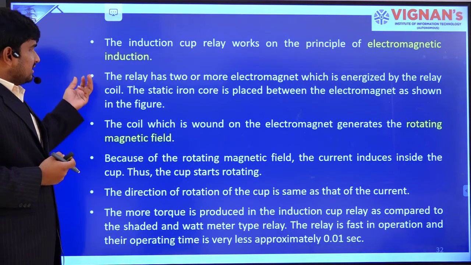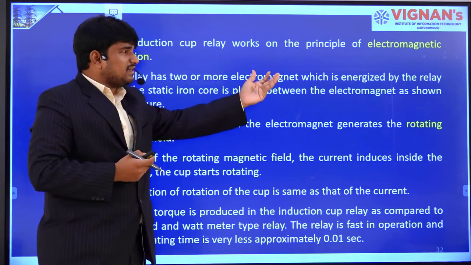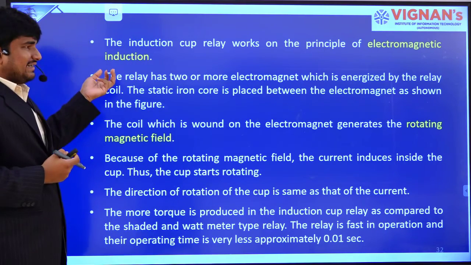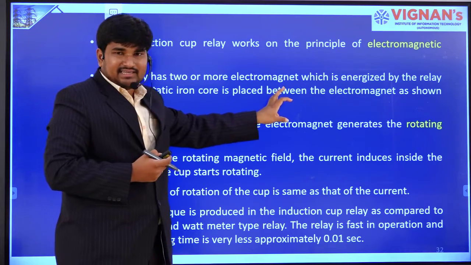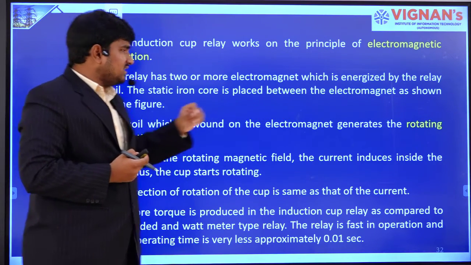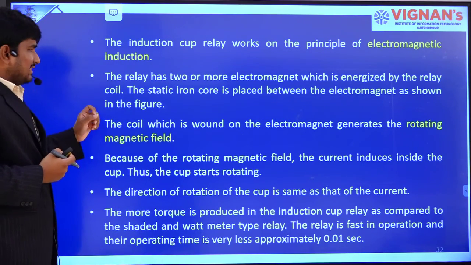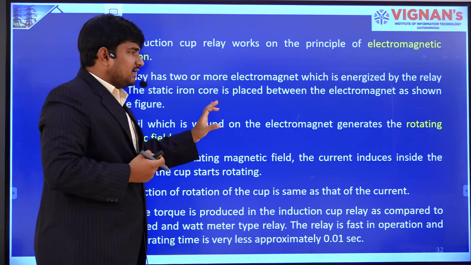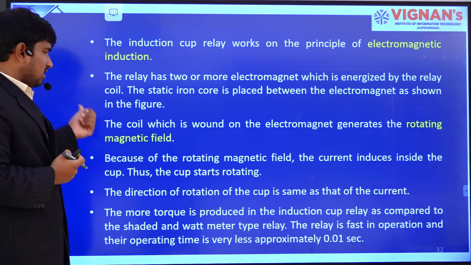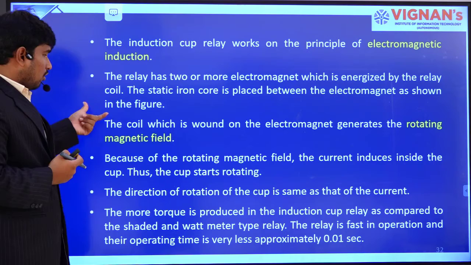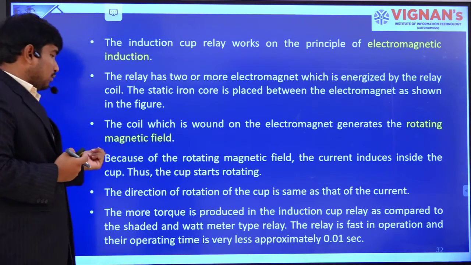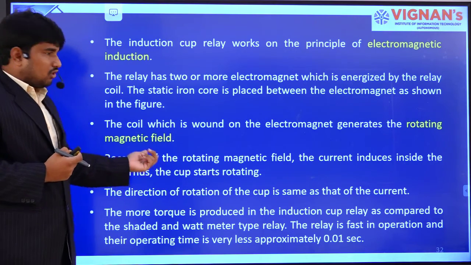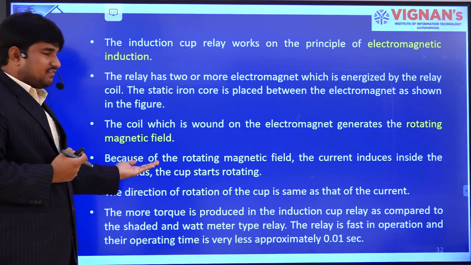discussed till now. The induction cup relay works on the principle of electromagnetic induction, and the relay has two or more electromagnets which are energized by the relay coil. The static iron core is placed between the electromagnets, as shown in the figure. The coils wound on the electromagnets generate the rotating magnetic field.